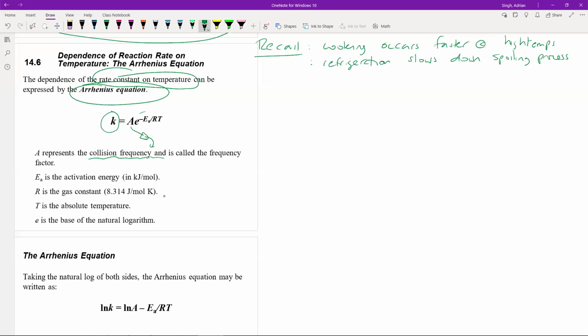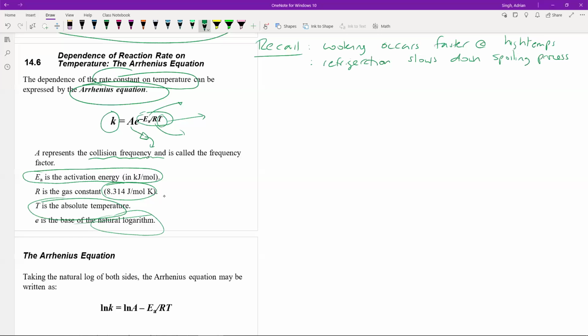And then we have e raised to the power of negative Ea, where Ea, remember, is the activation energy, in kilojoules per mole. R is the gas constant, 8.314 joules per mole Kelvin. T is the temperature in Kelvin, the absolute temperature. And e again is just the base of the natural log.